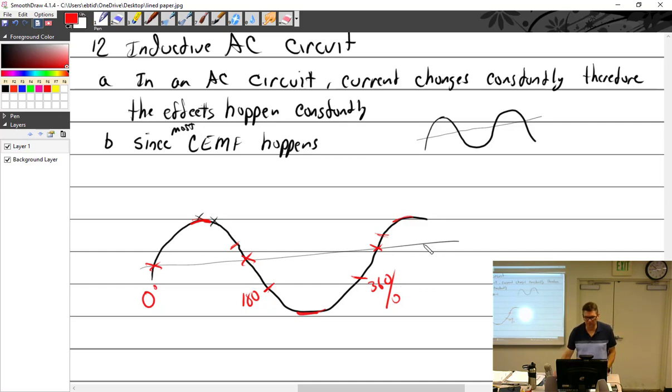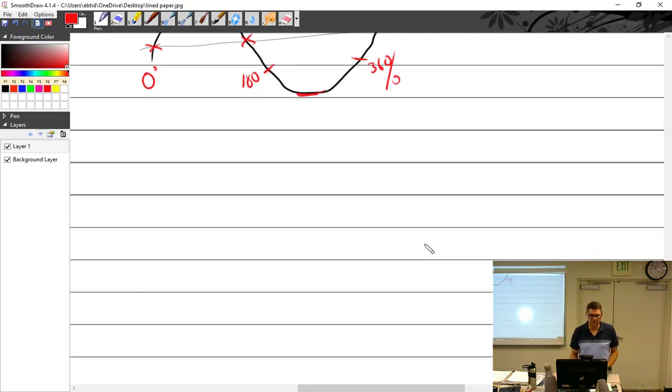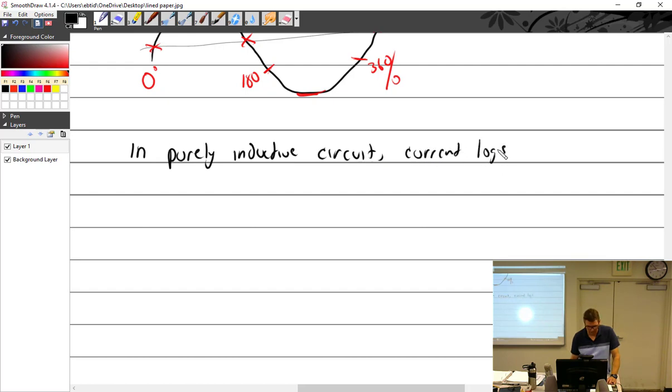All right, we'll just go to this one. In a purely inductive circuit, current lags voltage by 90 degrees.